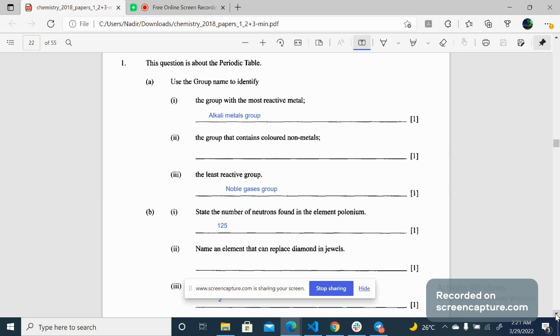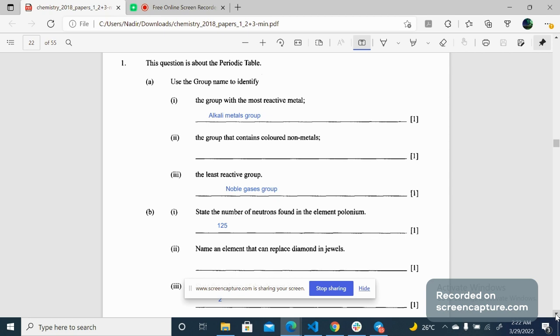The next question asks us to name the group of the elements of the periodic table that are the least reactive. The group which is on the other extreme of the periodic table from the alkali metals group is the group we call the noble gases. By the name noble gases, what it means is they are so noble that they don't try to react or intermingle with other elements of the periodic table.